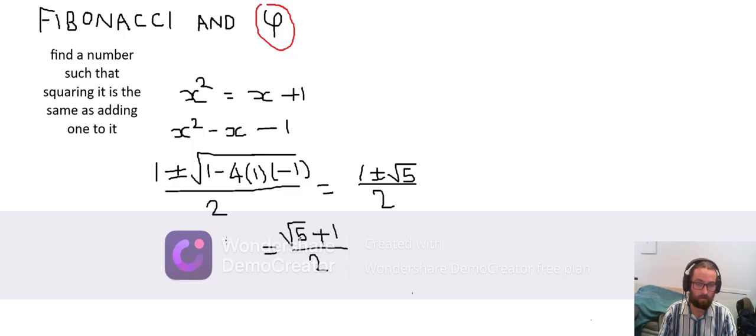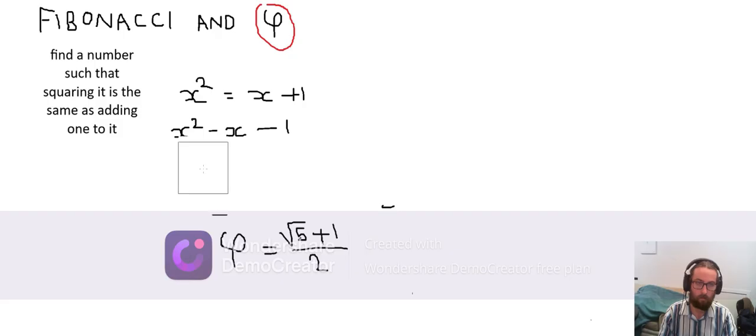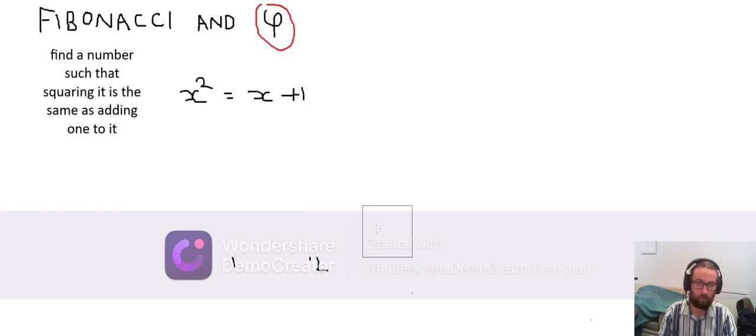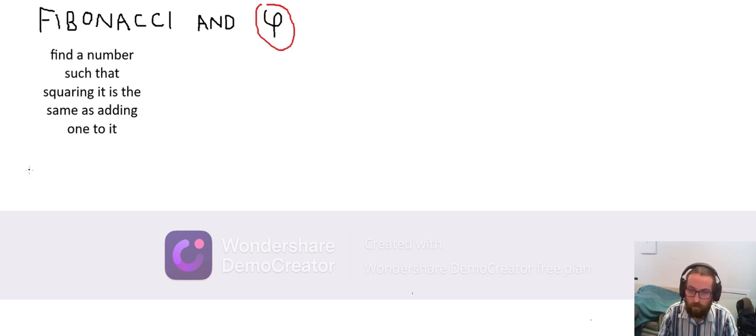And this number is the famous golden ratio. I'm going to leave that here somewhere, so we'll write around here, golden ratio equals root 5 plus 1 over 2.